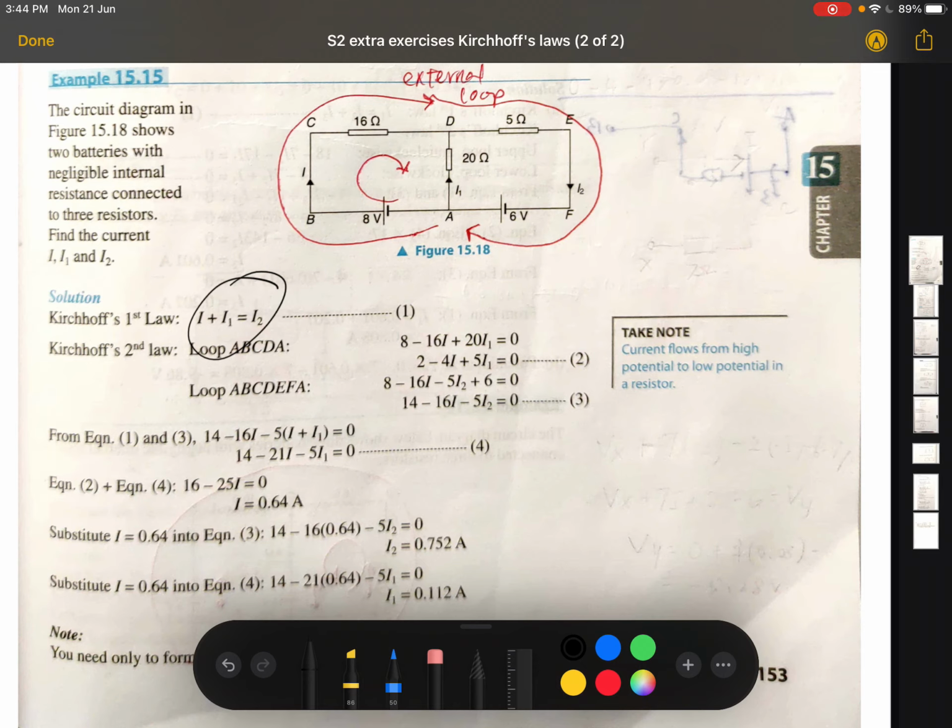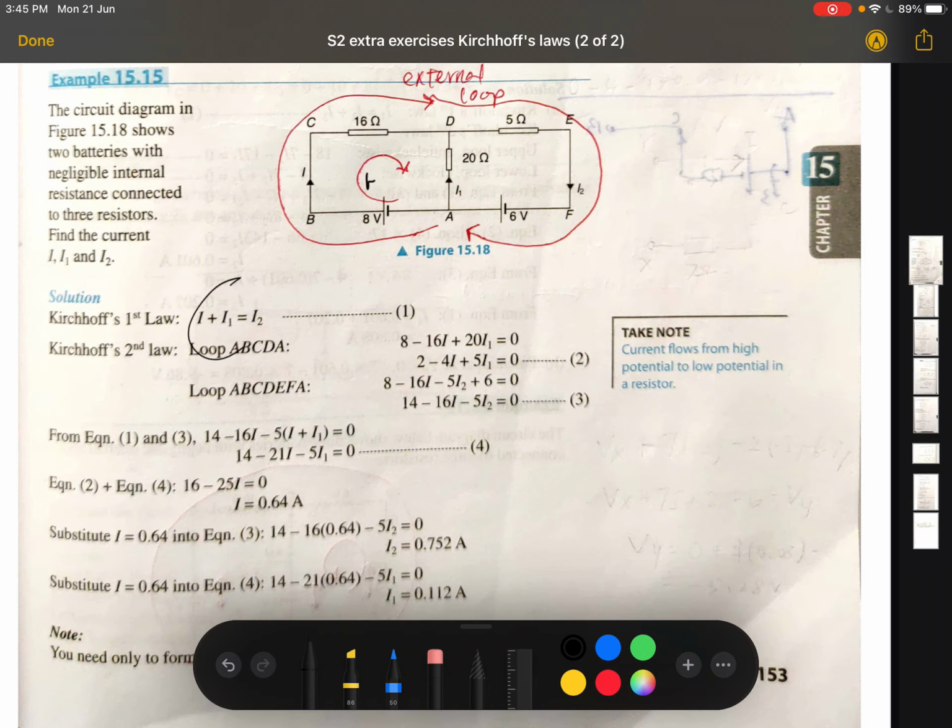In general, current travels from positive to negative, like this. Think of it as current travelling from a high potential to a lower potential.